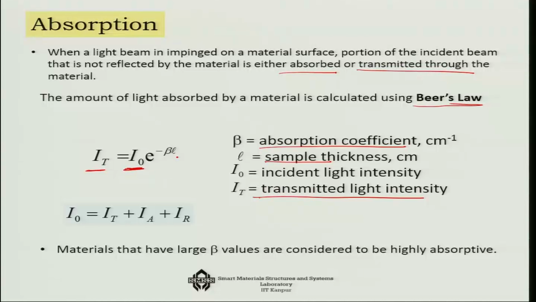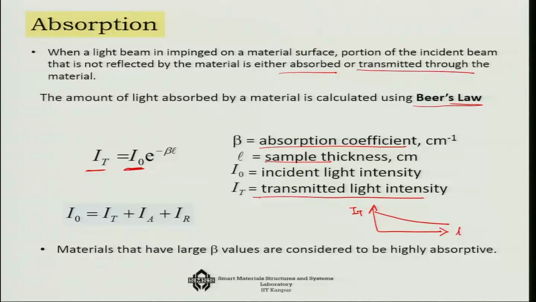So, the intensity IT, with respect to the thickness as well as with respect to the absorption coefficient, will follow an exponential way of falling down. With respect to length or with respect to the absorption coefficient beta, either of them, it exponentially falls down.